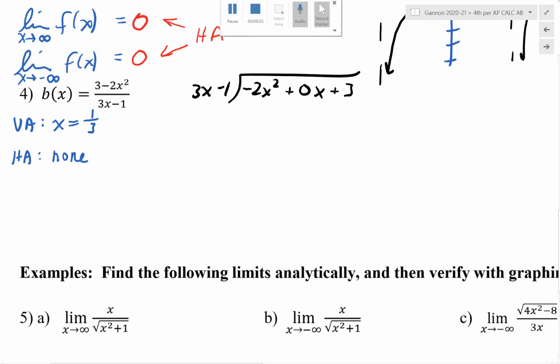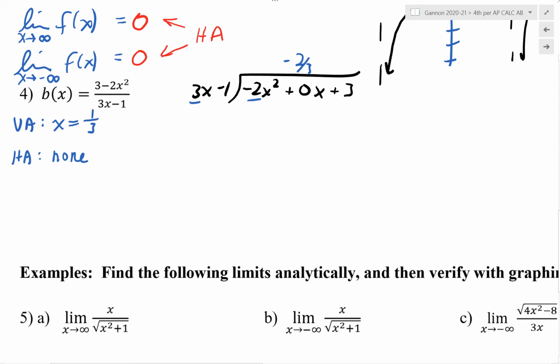Then we want to know how many times does 3 go into -2? Or the way I always talk about it is, what are you going to multiply 3 by to get -2? The only way is to multiply by -2/3.